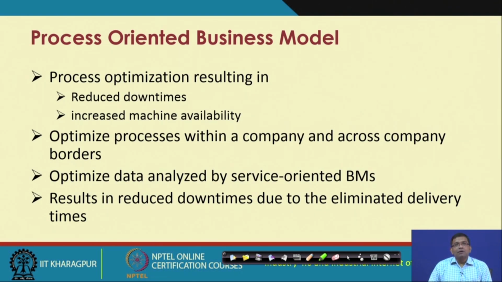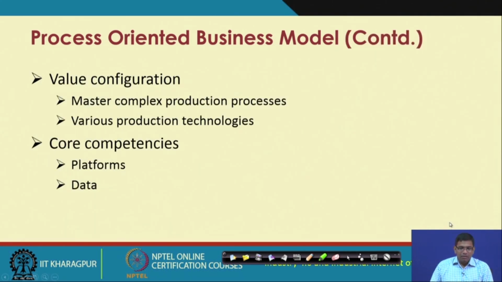So, optimization of these different processes, optimization of the data that is analyzed by the service oriented business model that we talked about earlier, and the result of this process oriented business model is reduced downtime due to eliminated delivery times.